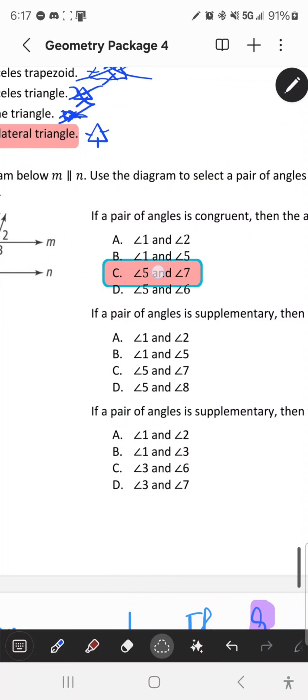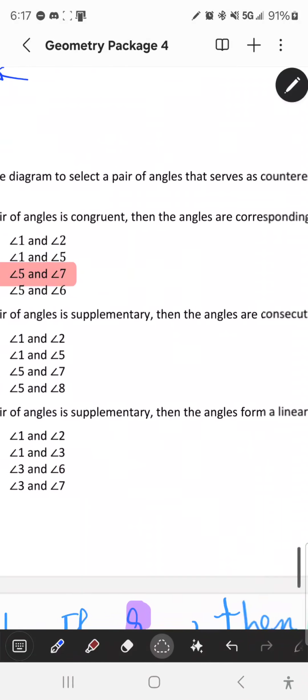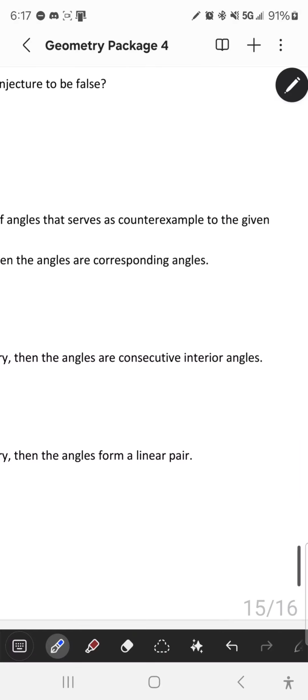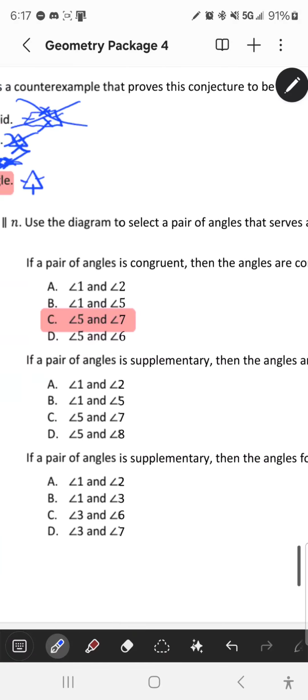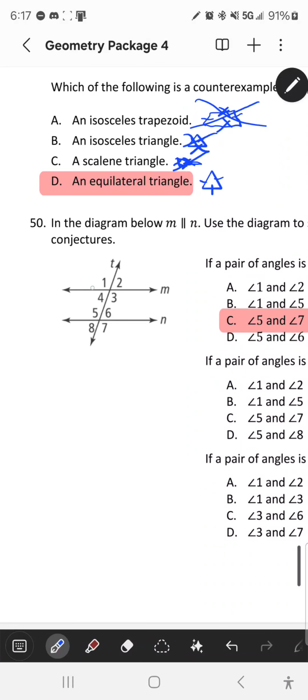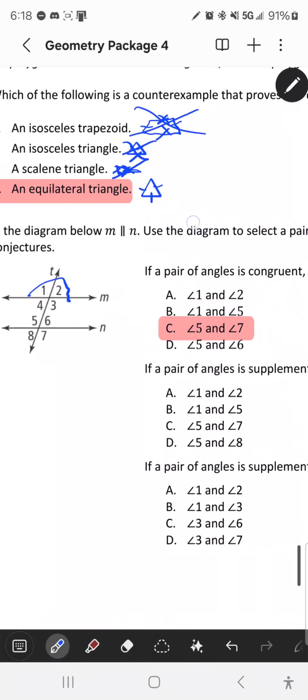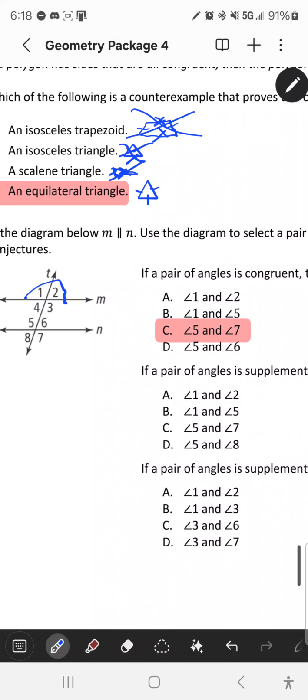Now, okay. If a pair of angles is supplementary, then the angles are consecutive interior angles. So, 1 and 2 are not consecutive interior angles, but they are supplementary.